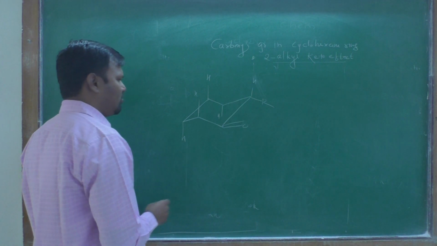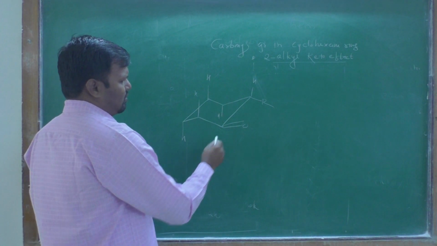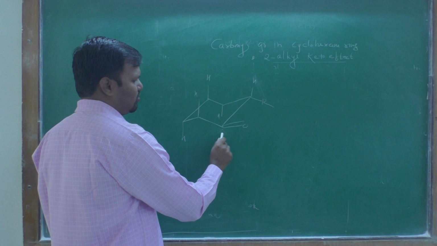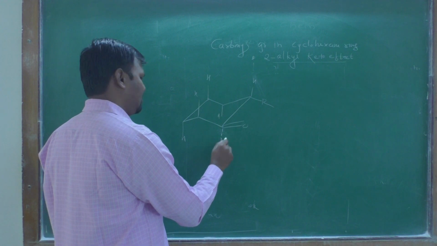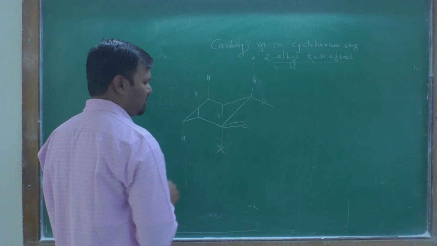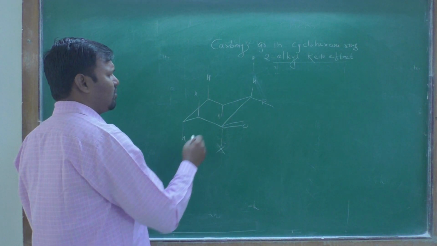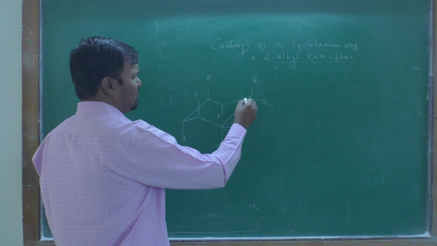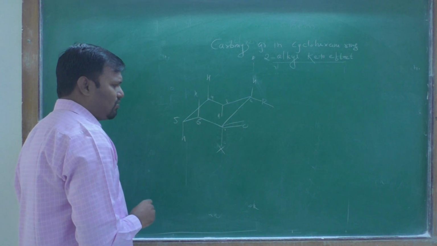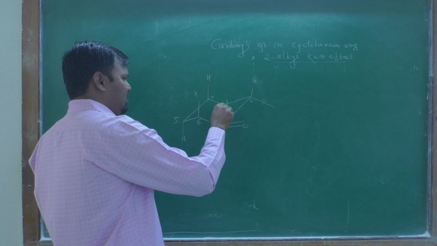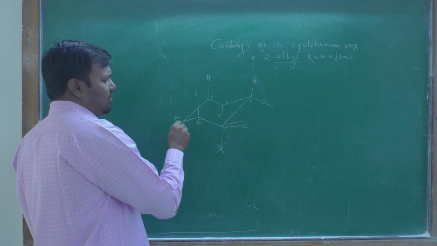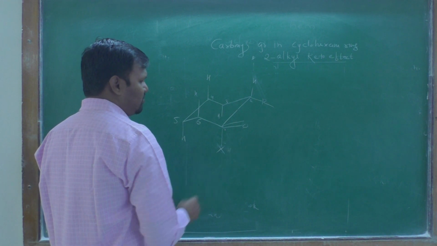If there is hydrogen at the bottom, there is no hydrogen present at the bottom. Okay, because the valence is complete, therefore this hydrogen is missing. Therefore, if you give the names 1, 2, 3, 4, 5, 6, you found that at carbon number 3 and carbon number 5, one hydrogen is missing.